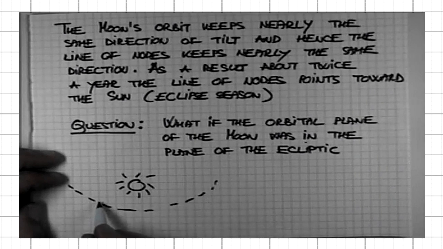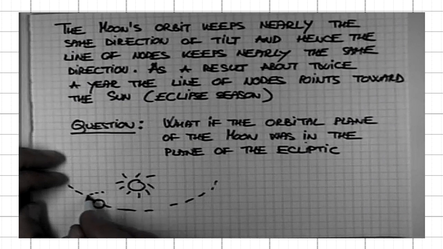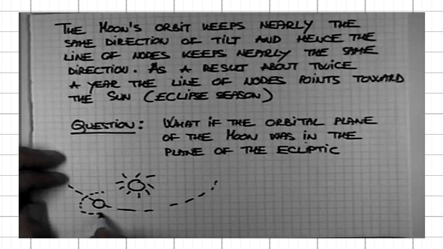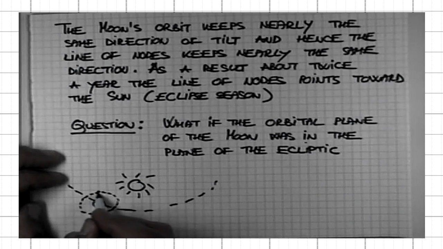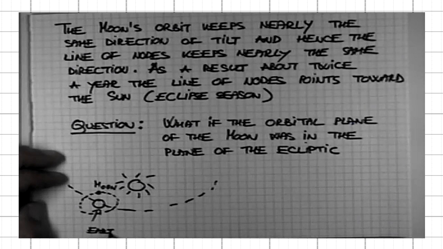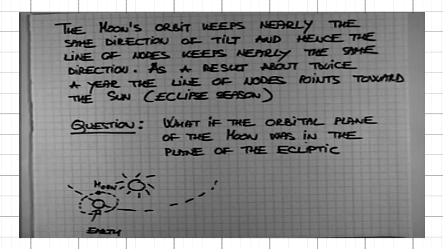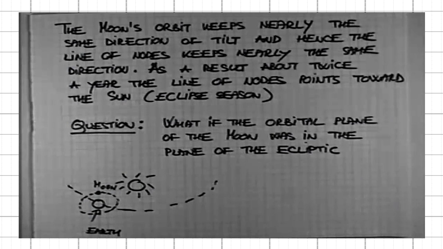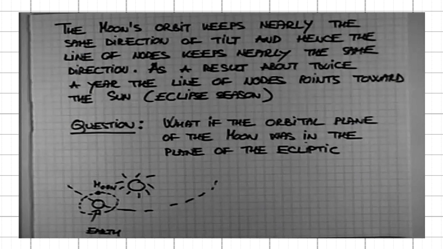Here's the Earth's orbit, the Earth, but now the moon's orbit is in the plane of the ecliptic. There's no angle, right? So here's the moon and the Earth. How often would we have, in that case, a solar eclipse and a lunar eclipse?